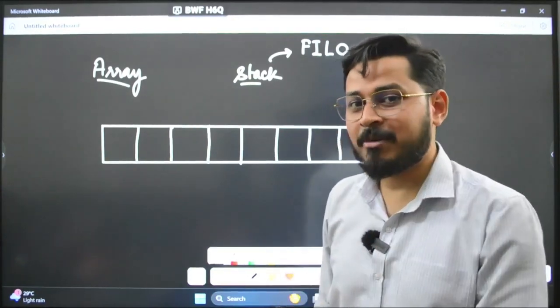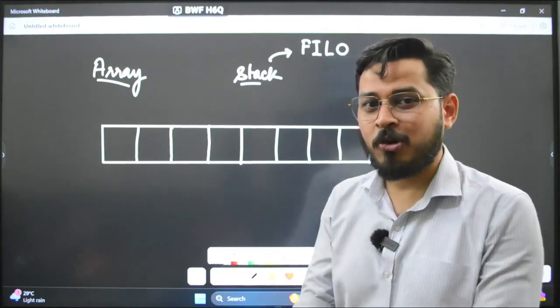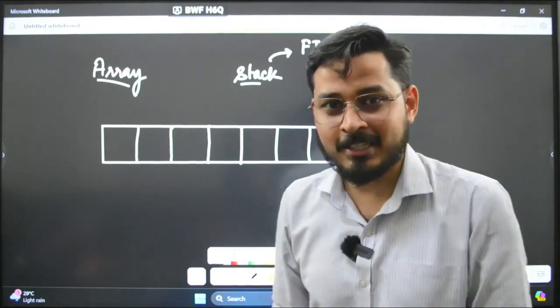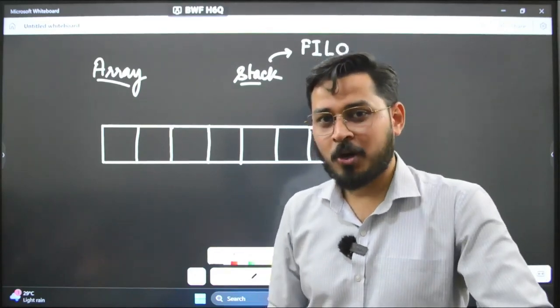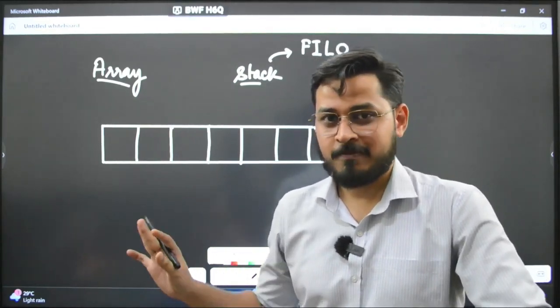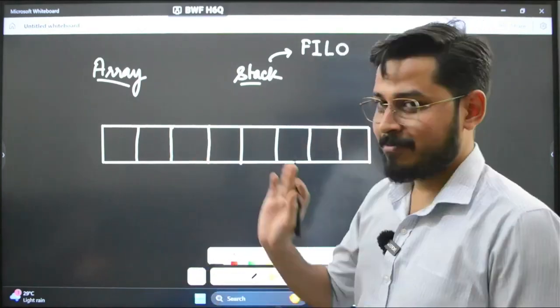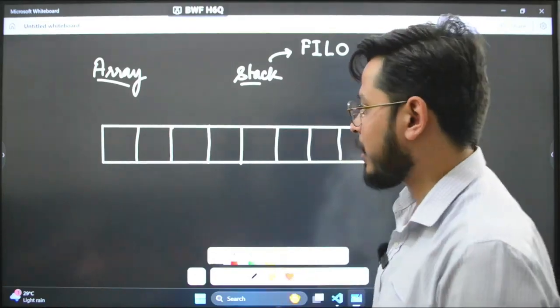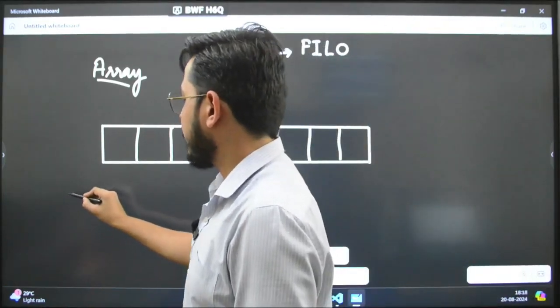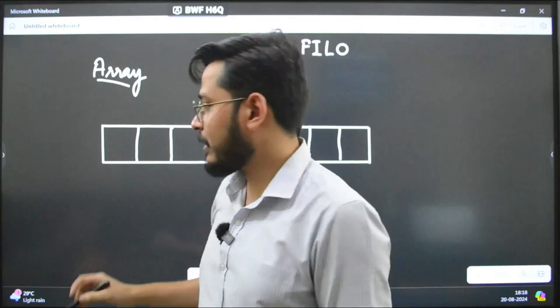So guys, how will I make this array look like a stack? Today I am going to tell you a very easy trick which allows you to implement this FILO or LIFO, whatever. This is your array, and if I want to make this first in last out, then what will I do? I will start by taking one extra variable called top.